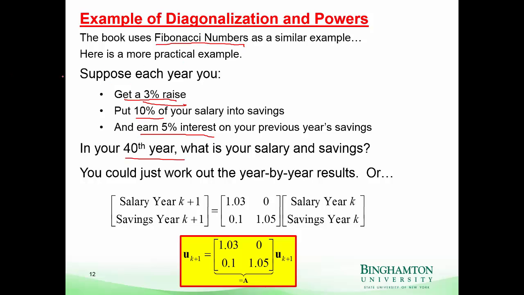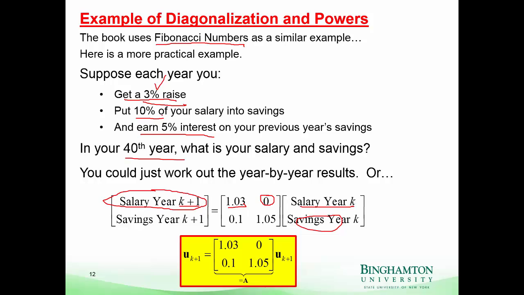We know that the salary in year k plus 1 is going to be your salary in year k times 1.03. That's the 3% raise. And the savings has no impact on your new salary, so this would get multiplied by the 0 to create this, which would be your salary in year k plus 1. But let's look at the savings.